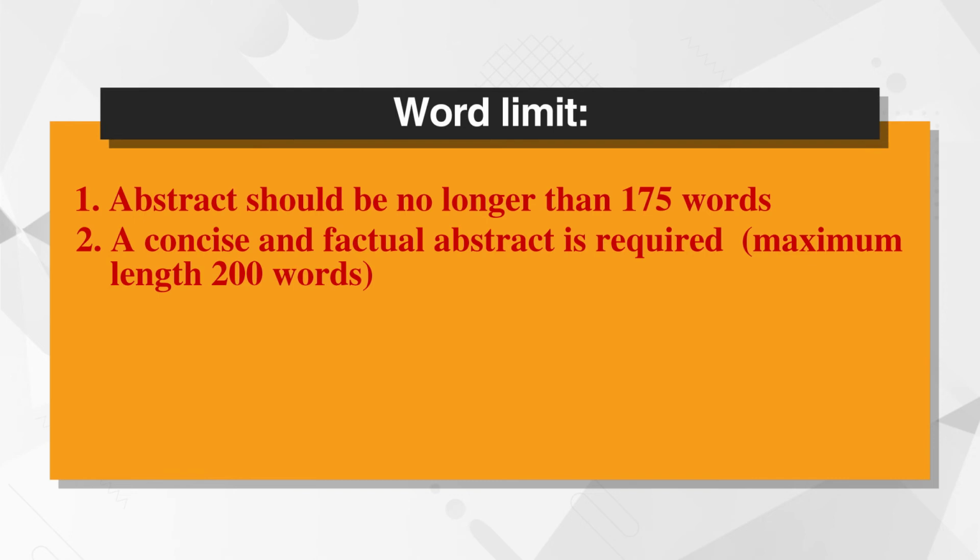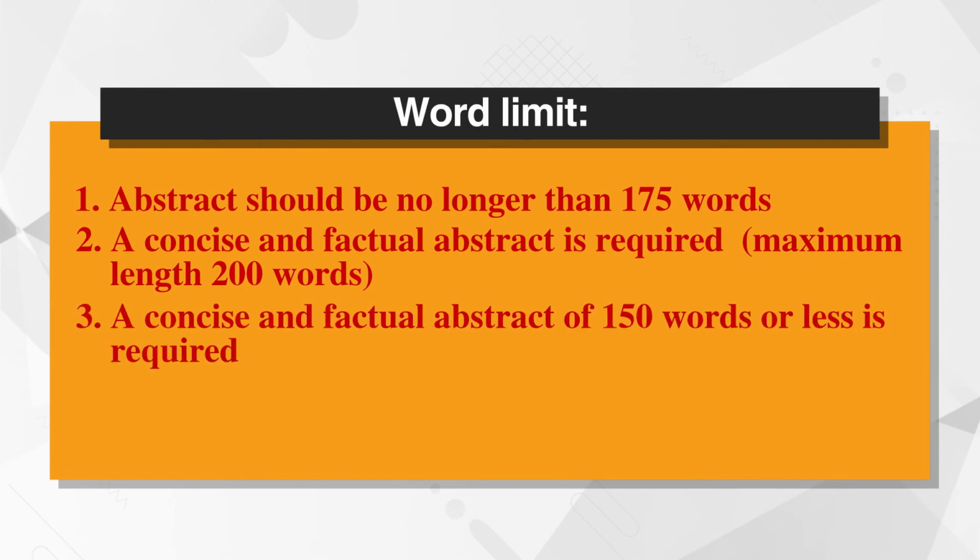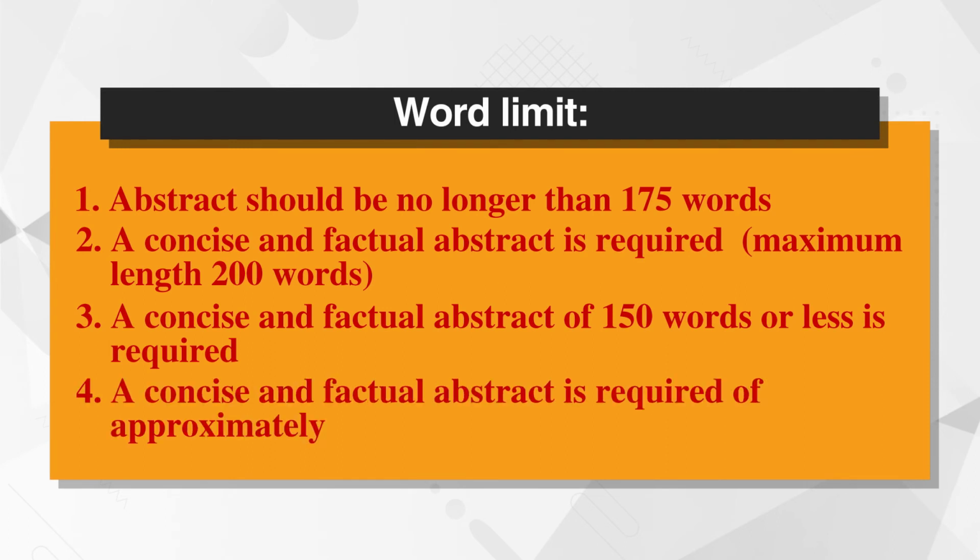Maximum length 200 words. Third, a concise and factual abstract of 150 words or less is required. The fourth, a concise and factual abstract is required of approximately 150 words.